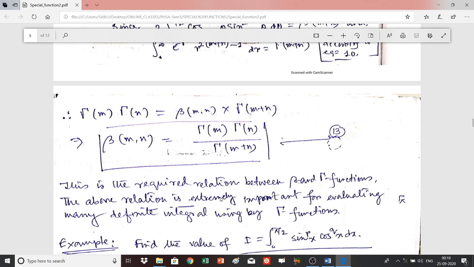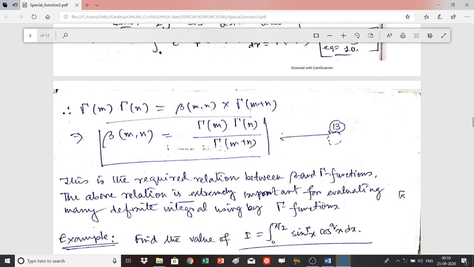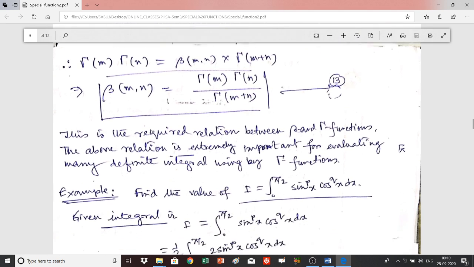The above relation is extremely important for evaluating many definite integrals, whose values are computed in terms of gamma functions, and in those cases the calculation becomes much easier compared to using beta functions. So here are some examples.